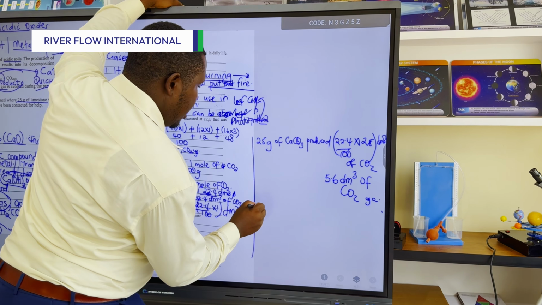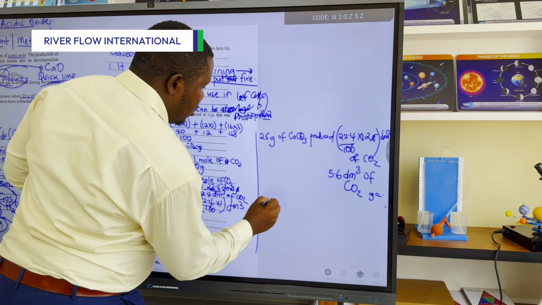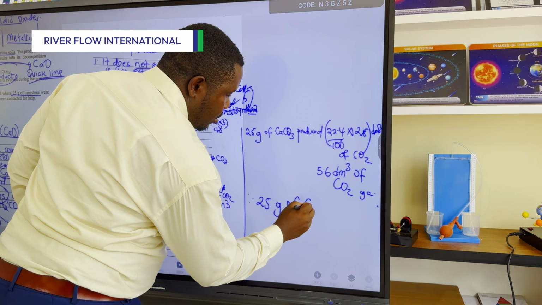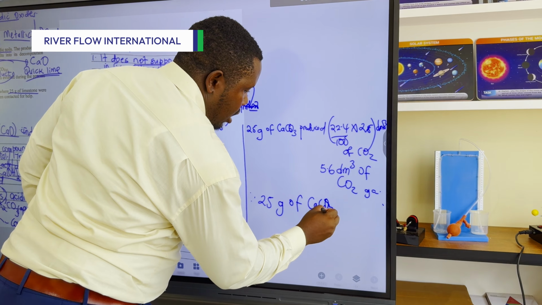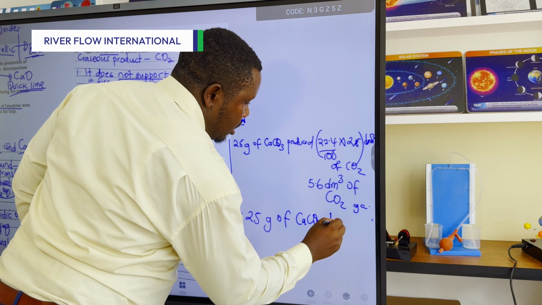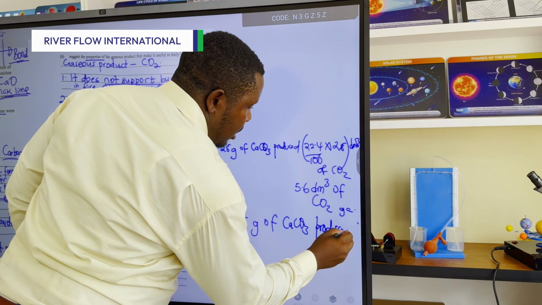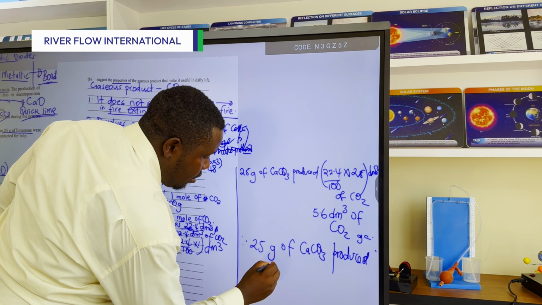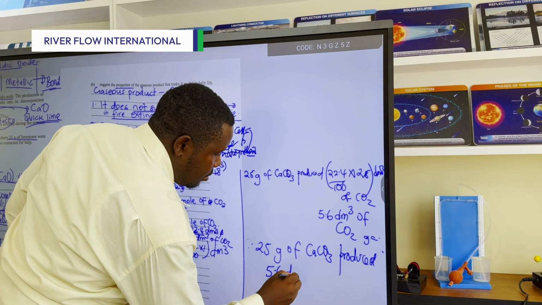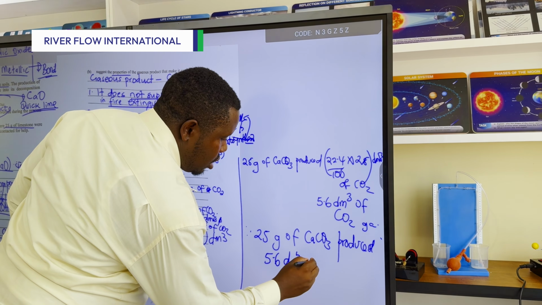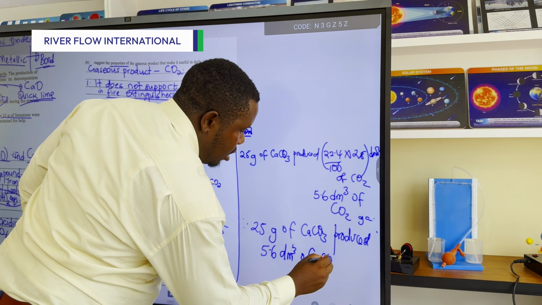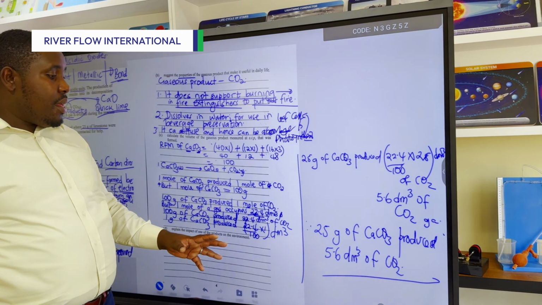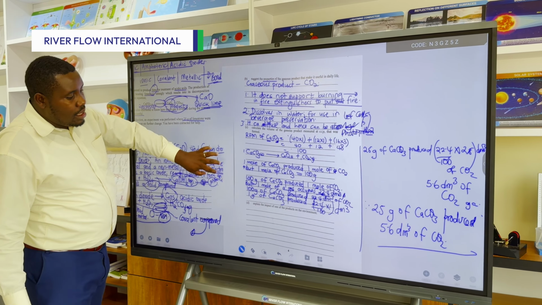Therefore 25 grams of calcium carbonate produces 5.6 decimeters cubed of carbon dioxide gas. As simple as that. So I think you are able to follow step by step.